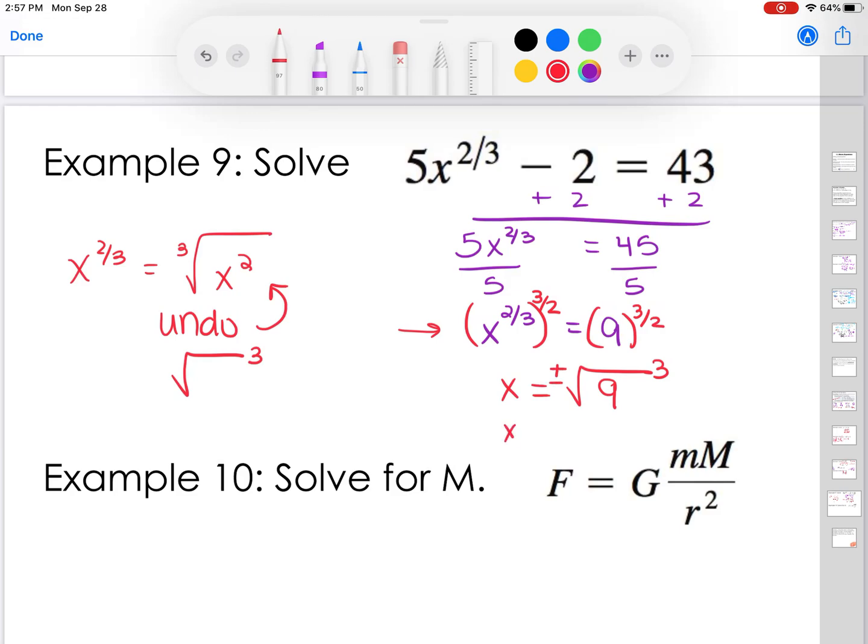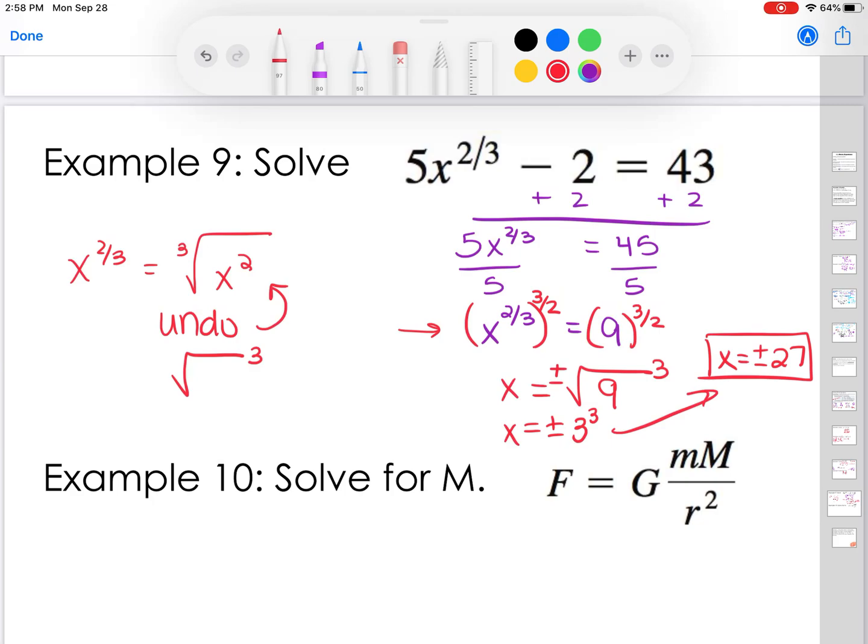So x is going to equal plus or minus. The square root of 9 is 3, so 3 cubed. 3 times 3 times 3 is going to give us 27. So x is going to equal plus or minus 27. Again, we could put that back in for x and double check that that works. But when we are squaring it, that's why we're allowed to have that plus or minus going on.